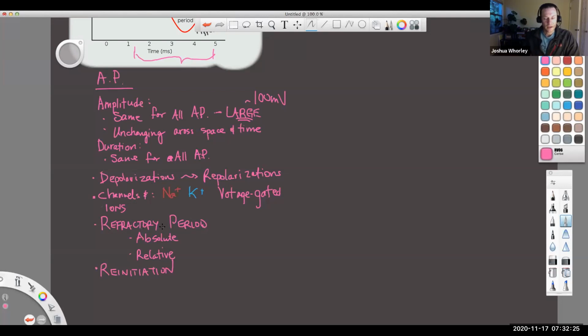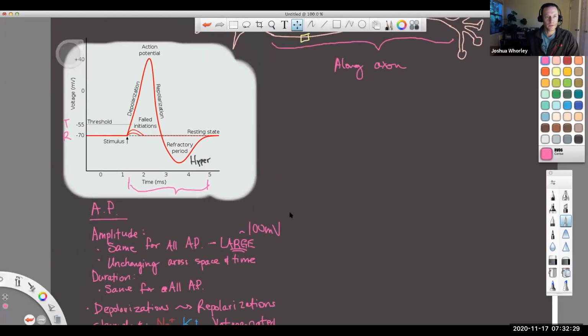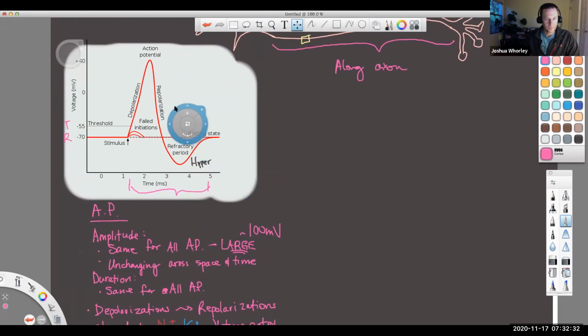Action potentials also have what are called refractory periods, and we haven't really talked about this yet, but we will. A refractory period is this period that begins here once threshold is crossed. And there's two parts of it. There's an absolute refractory period where no signal could cause channels to open again, because all the channels in this localized region of membrane where we're measuring this change in membrane potential are already opening, opened, or in the process of closing.